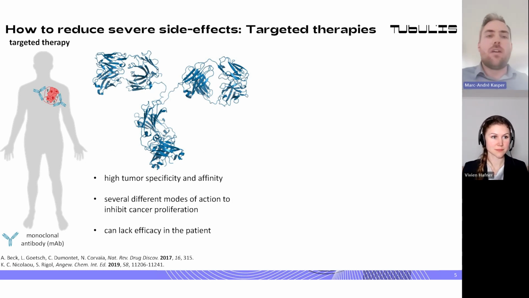And by this, they already can have an effect on the tumor side, for example, by getting a recognition from the immune system, or by blocking growth factors from binding, and thereby inhibiting the tumor. However, they can lack efficacy in the patient because these modes of action are not as efficacious as chemotherapy, for example. So it's very specific, but it's not that effective in the end.